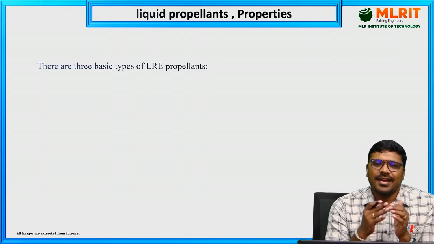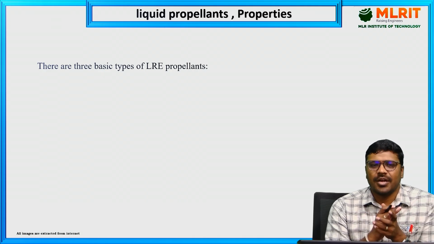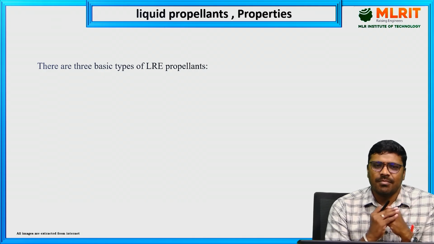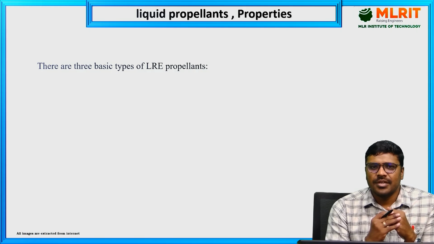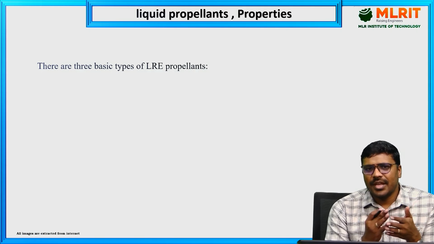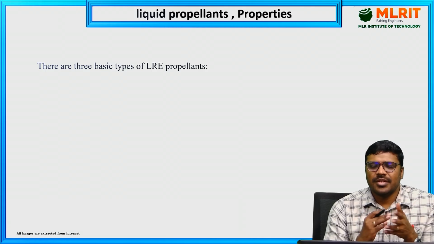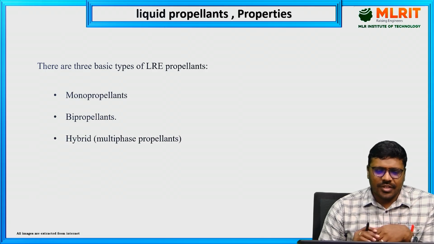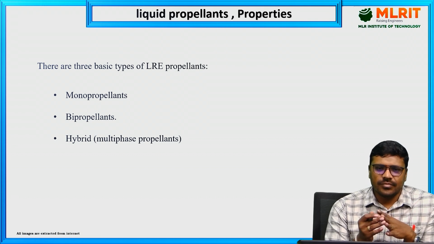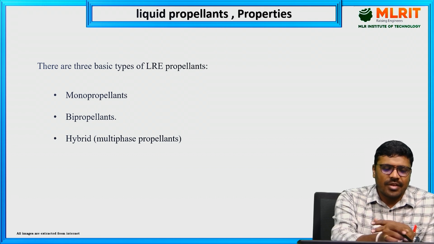Another classification is based upon the energy content in the chemical substances. If you classify based upon the energy, there will be low energy propellants, medium energy propellants, and high energy propellants.